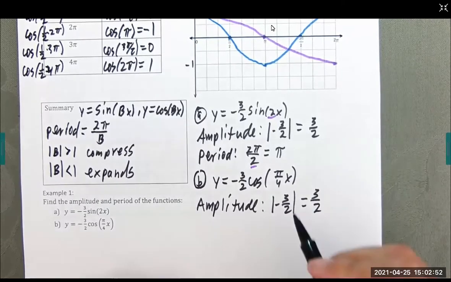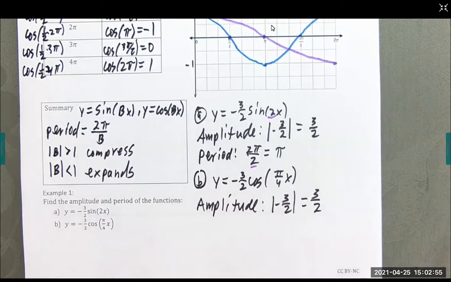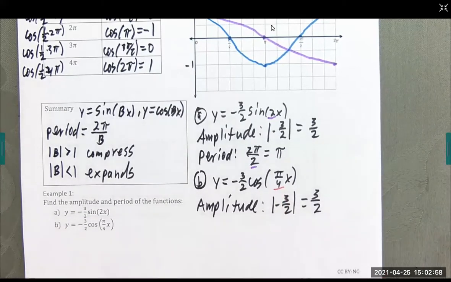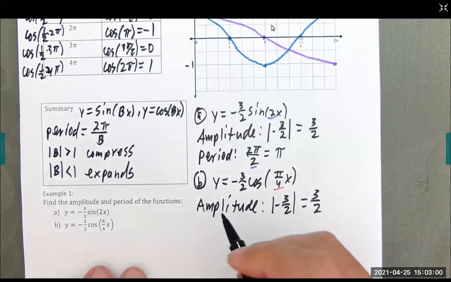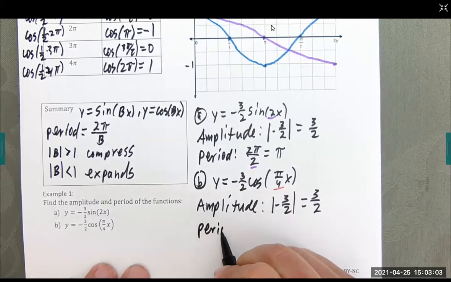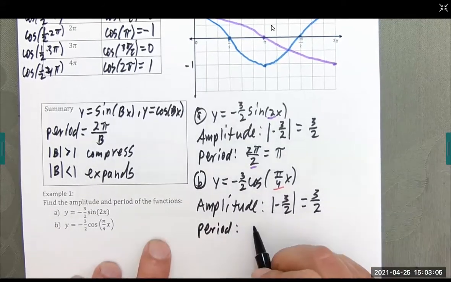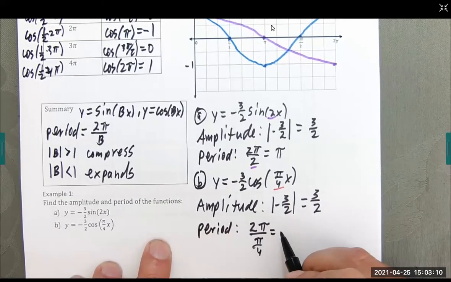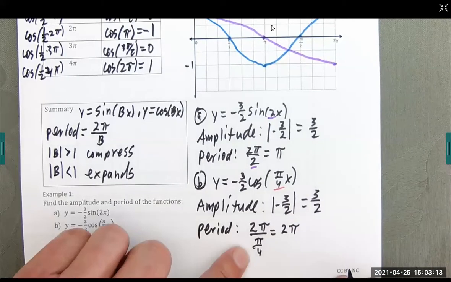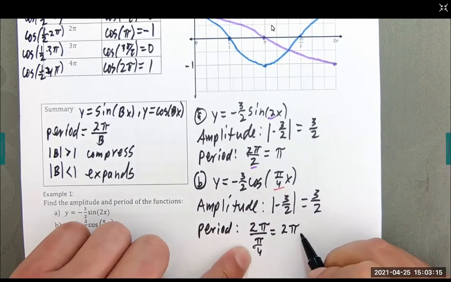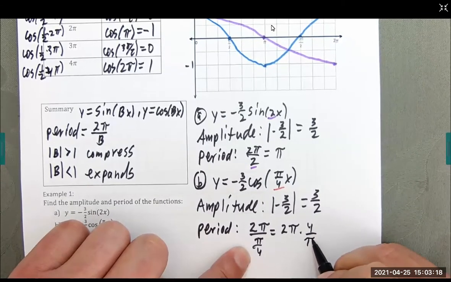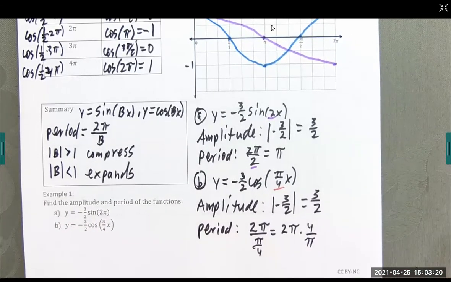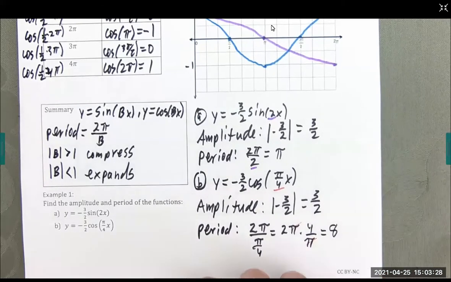The period, here's my B. So the period is going to be 2 pi divided by pi over 4. Remember when you divide by a fraction, you multiply by the reciprocal? You can see very nicely that the pi is reduced. I just end up with 2 times 4, which is 8.